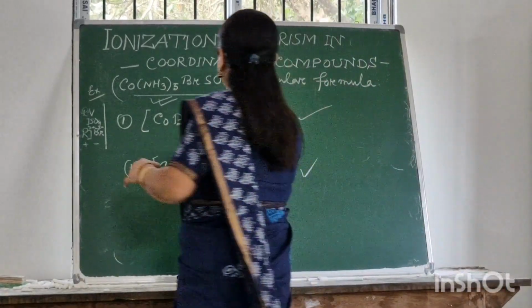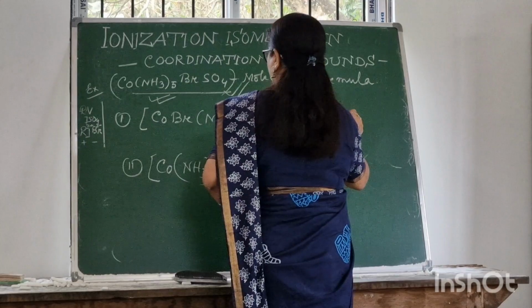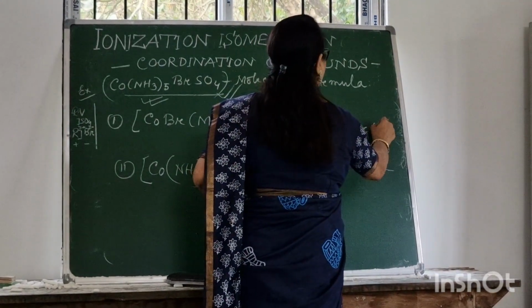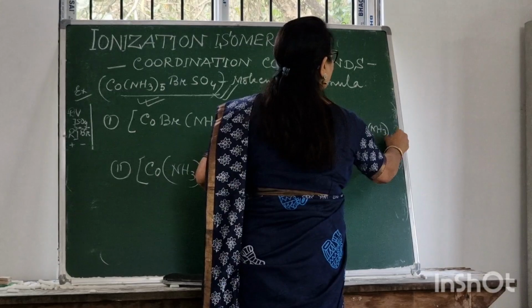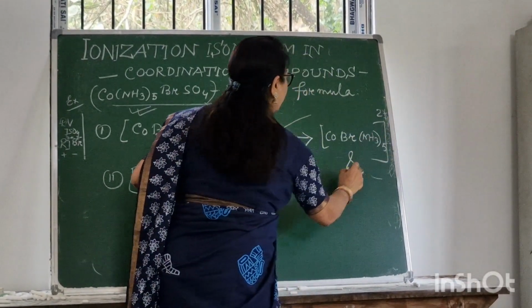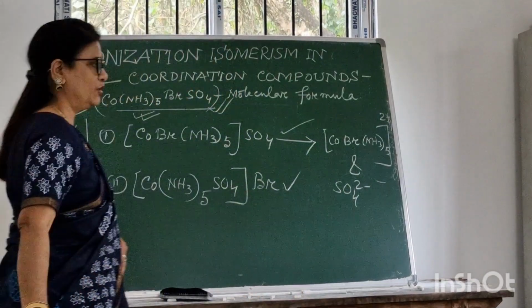That means these compounds will give these two ions, [Co(Br)(NH3)5]2+ and SO4 2- in solution.